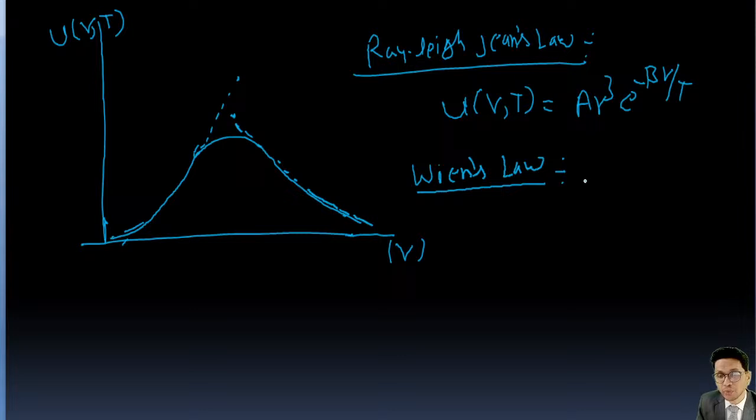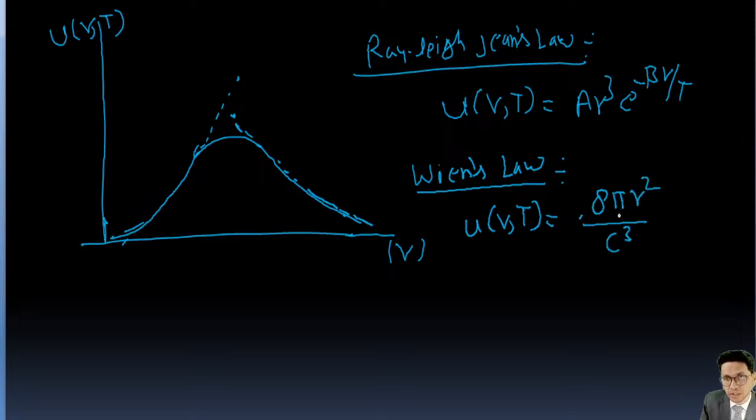Okay, so Wien's law, I will write, and for explaining it Wien considered the classical oscillator, and he derived the formula, that is the energy density U, which is a function of nu and T, is 8 pi nu square upon C cube into kT.